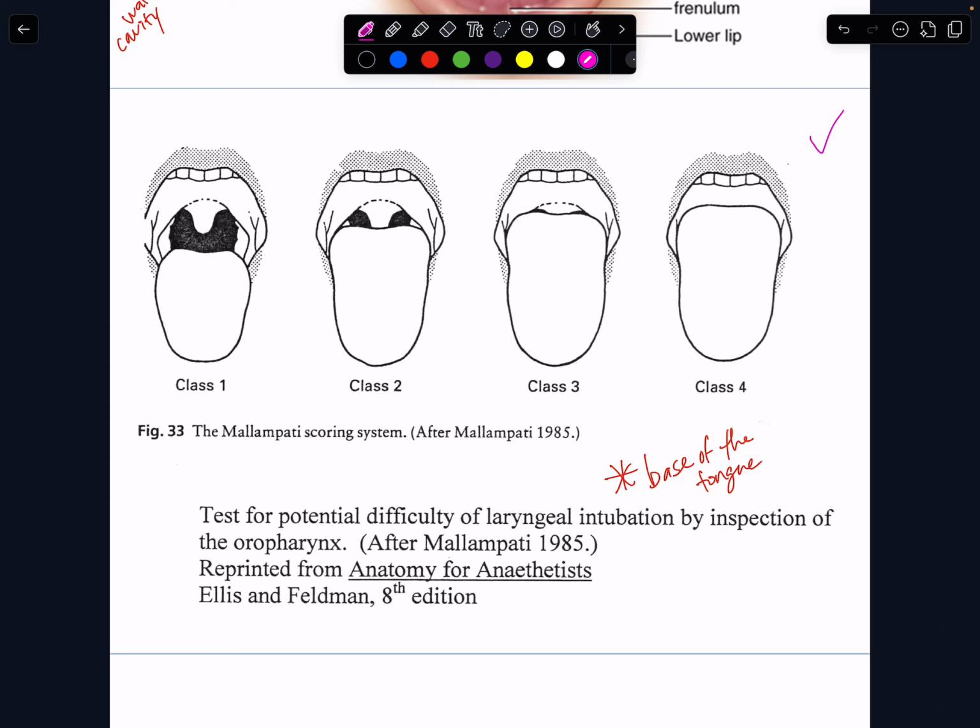This is a very important screening we use today. It's called the Mallampati scoring system, and it is used to assess for basically difficulty with laryngeal intubation. So if somebody's tongue is huge, I'm going to expect, okay, they opened their mouth, they said, and I don't see any fauces.